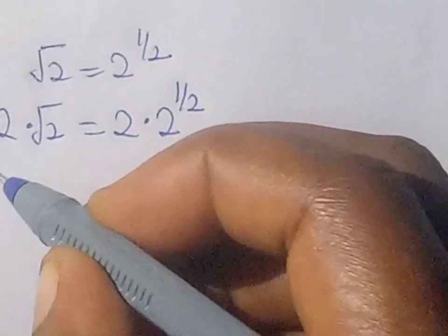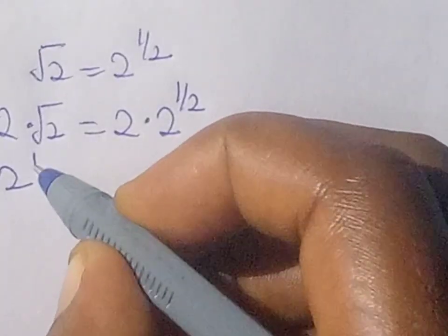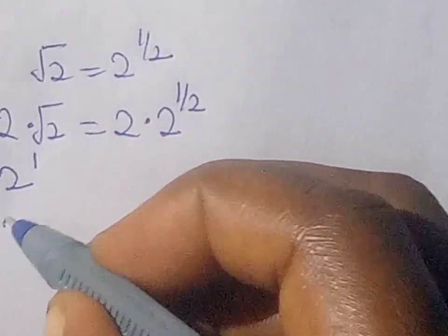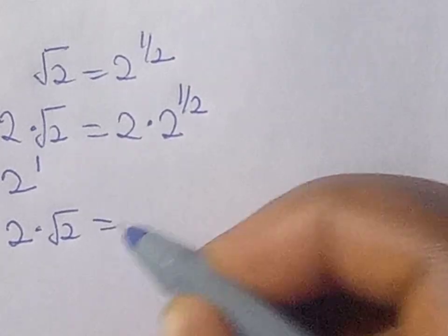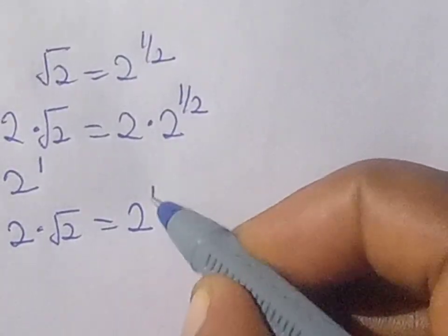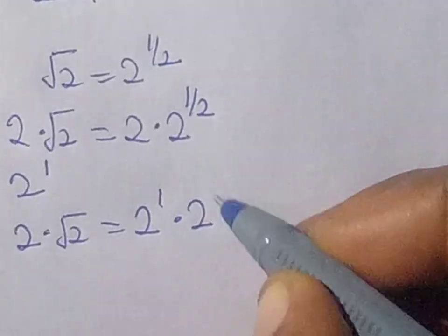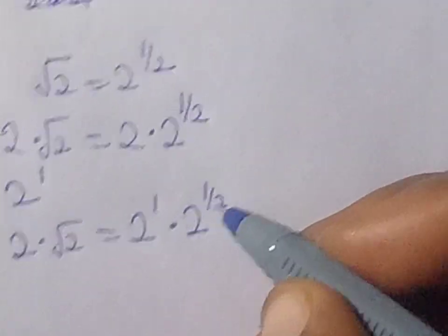Since 2 is the same thing as 2 raised to the power of 1, that means 2 times root 2 will give us 2 raised to the power of 1 times 2 raised to the power of half.